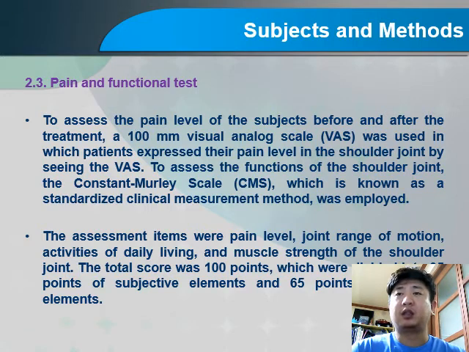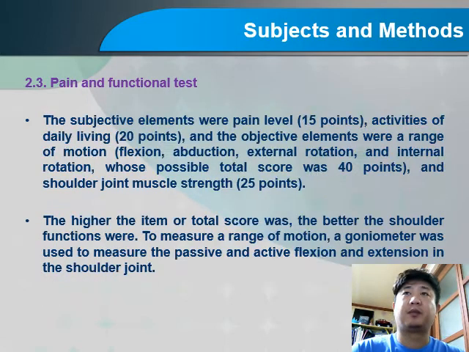The total score was 100 points, which were divided into 35 points of subjective element and 65 points of objective element. The subjective elements were pain level, 15 points, and activities of daily living, 20 points.